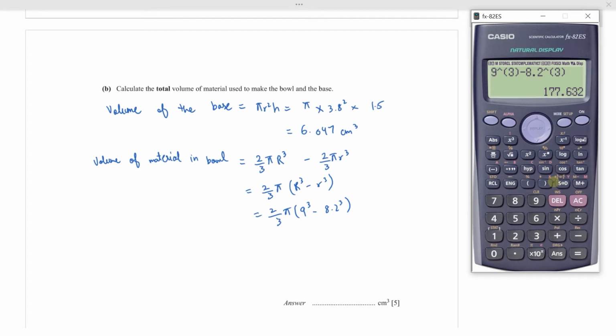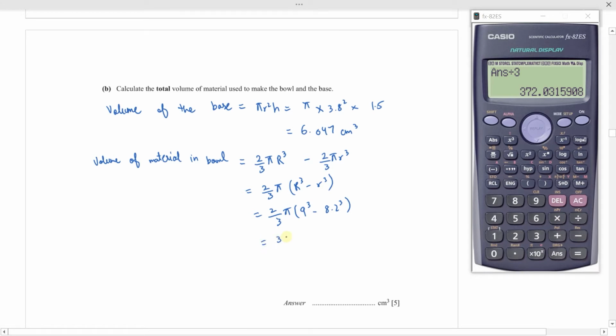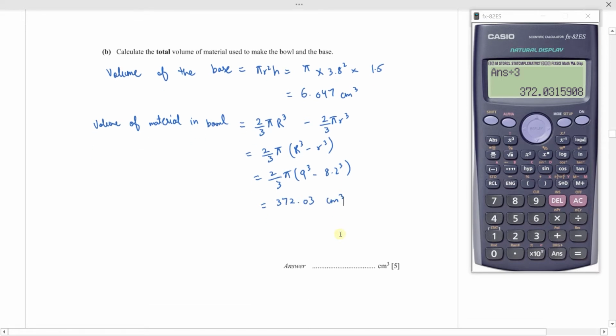And then you will multiply it by pi, and then multiply it by 2, and then divide it by 3. So this is 372.03 centimeter cube.